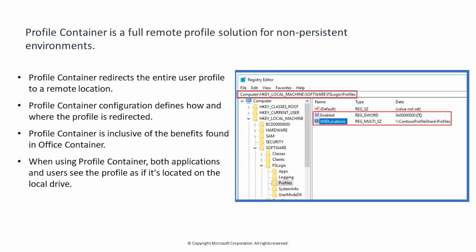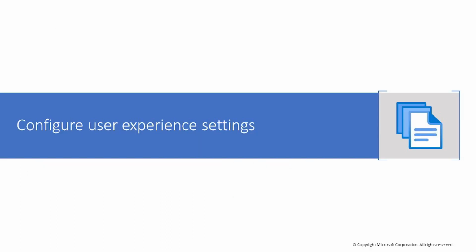So guys, with this discussion, we have come to a small end of another lesson in terms of profiles. The last section is about the user experience settings. When we talk about the user experience settings, this is basically optimization.